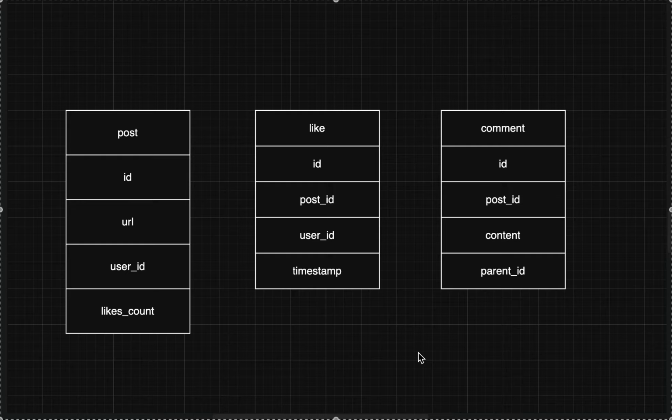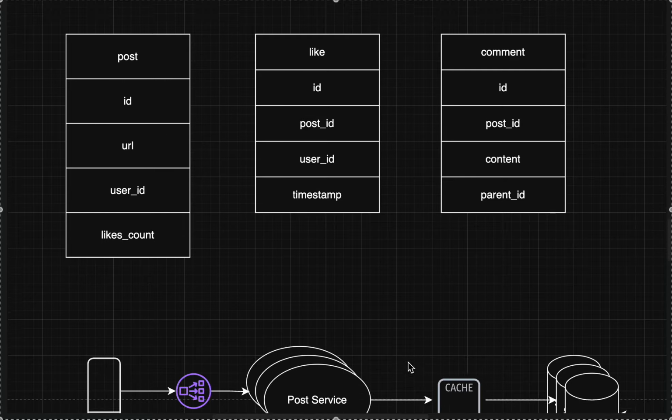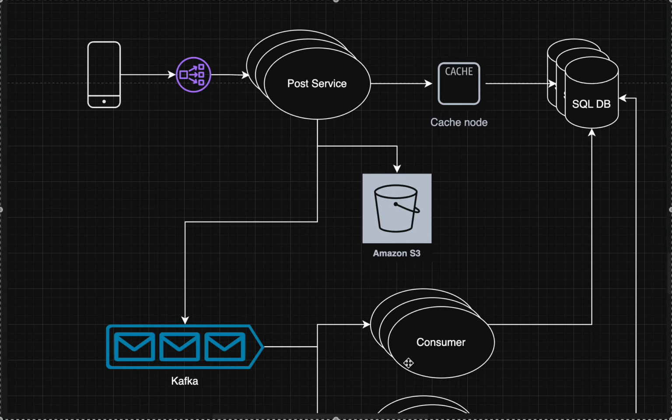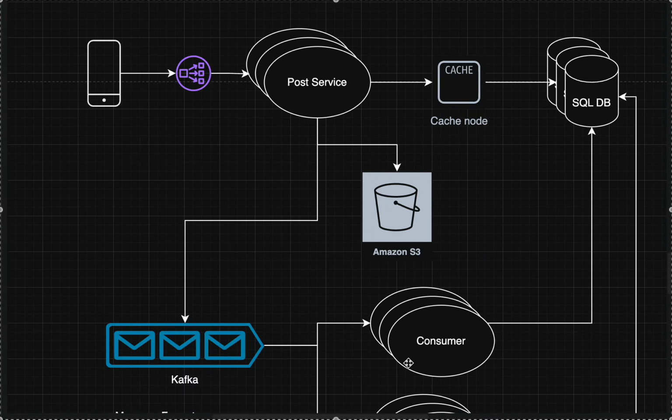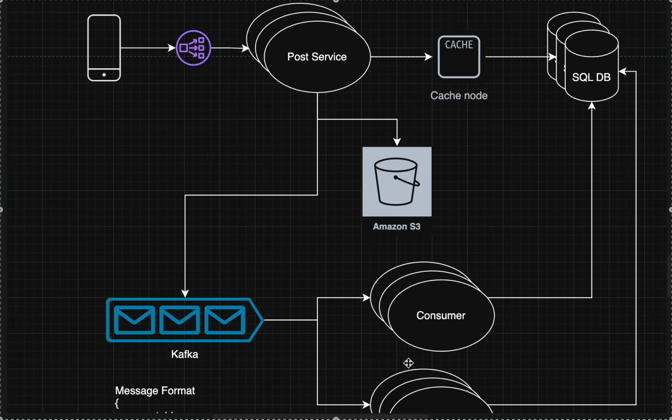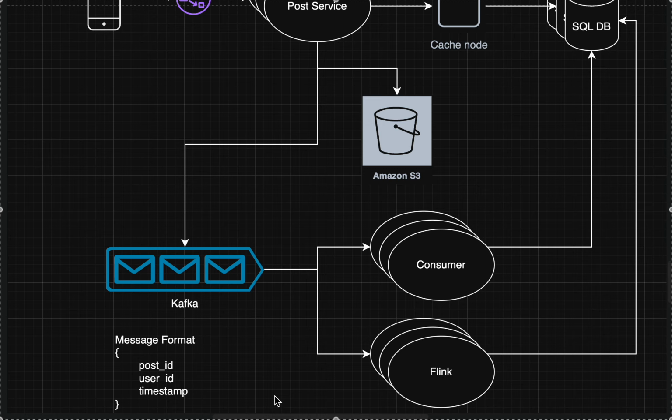Not real time, even after a minute I'm okay with that. So a real-time count is not required here. So what can we do here? I want to give you a hint: when we don't want real time, we implement some messaging queue. For now, we are using Kafka.